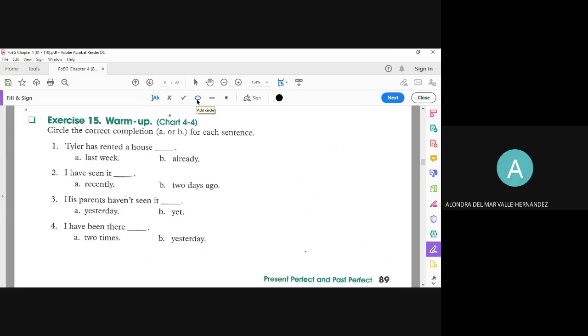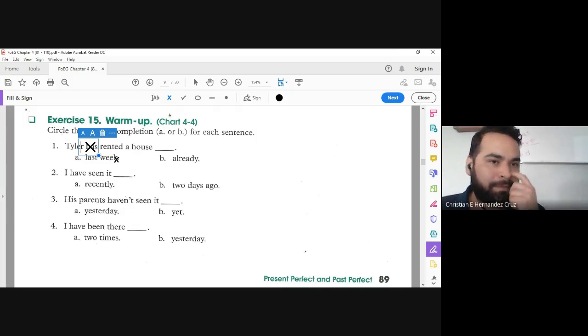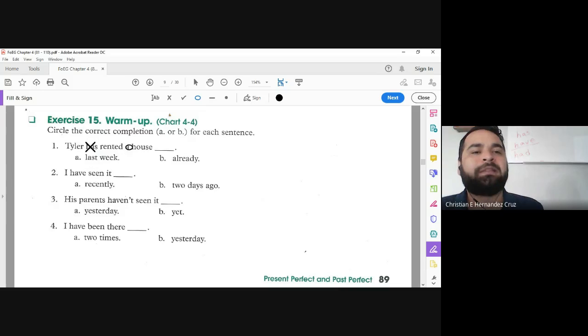Tyler has rented a house last week. What if we were to remove has? Then I think this first option may make more sense. If we just say Tyler rented a house, I think in this case we could use last week.